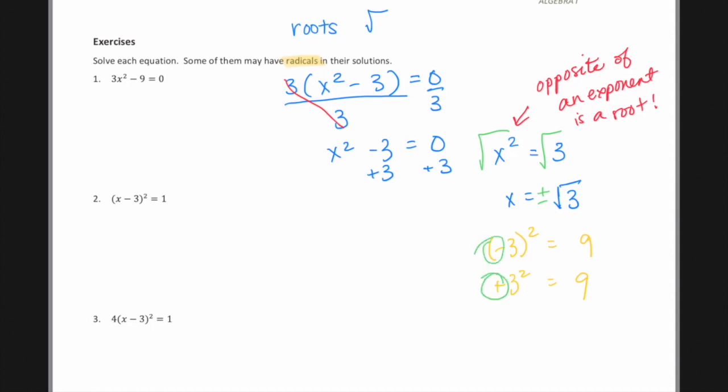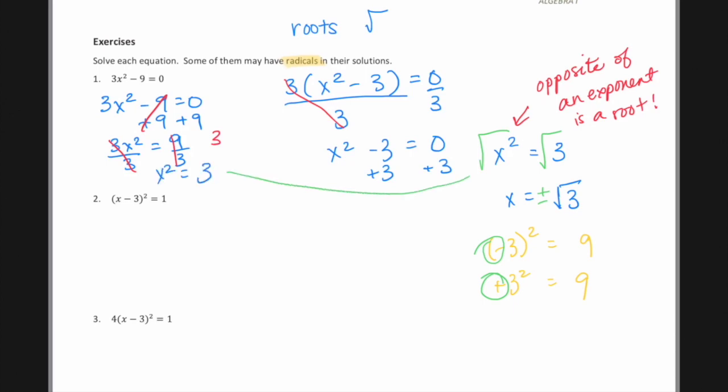Now if I try to solve this the way that I initially wanted to, which means adding 9 to each side, I'm going to show you that you would still get the same answer. 3x squared, divide each side by 3, then I get x squared equals 3. And then I would still have to take the root, which means your answer is still plus or minus the square root of 3.